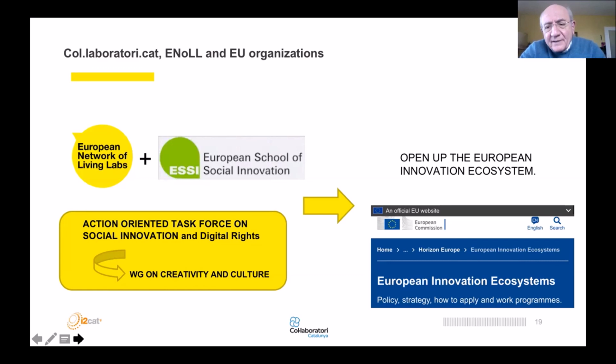Now we are also exploring this project of the new European Bauhaus as a kind of framework for this collaboration between ENoLL and ESSI, triple helix and four helix, in the framework of the collaboratory. We develop alternatives maybe for rethinking how Europe can be a more innovative and sustainable continent. And that's all. Thank you very much.